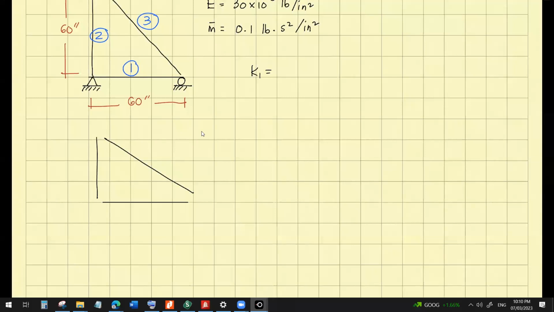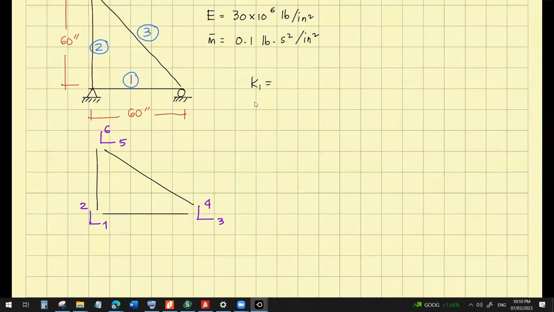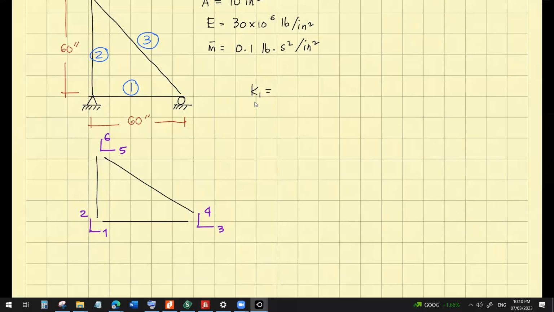So let me say this is degree of freedom 1, and then 2, then this is 3, this is 4, this is 5, this is 6. So for K1, the code is 1, 2, 3, 4, of course.